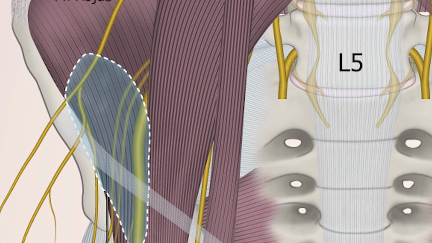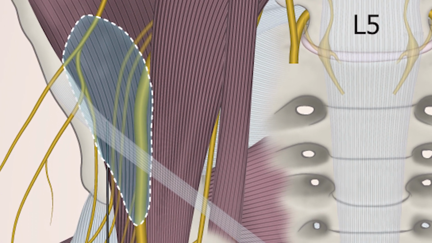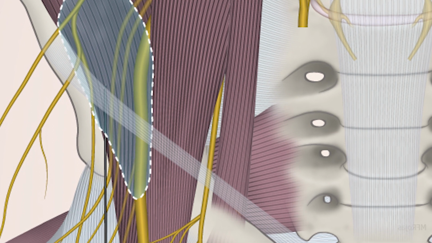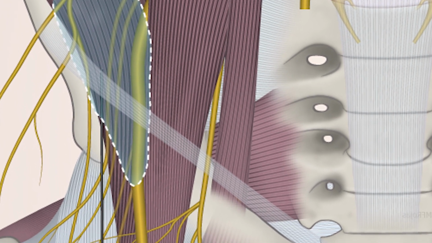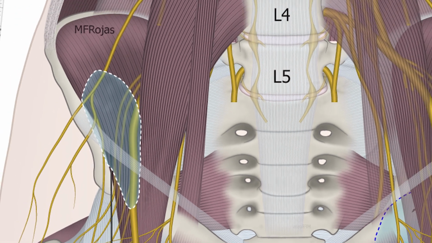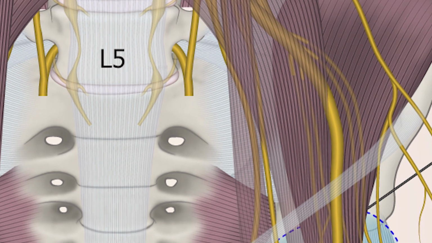The spread extends laterally to cover the lateral femoral cutaneous nerve. However, the spread does not travel medially enough to involve the obturator nerve. At L5 level, the spread is not likely to reach the articular branches of the femoral nerve.